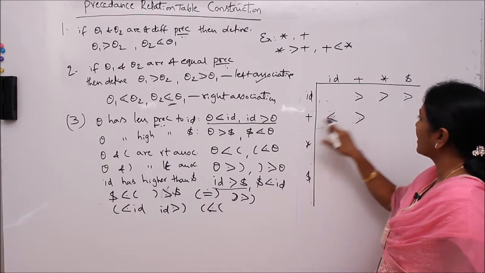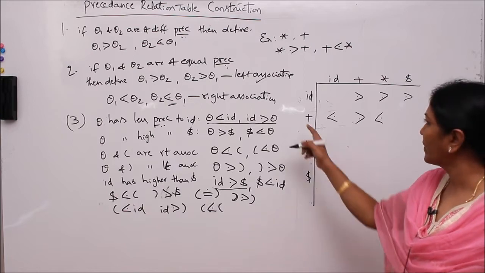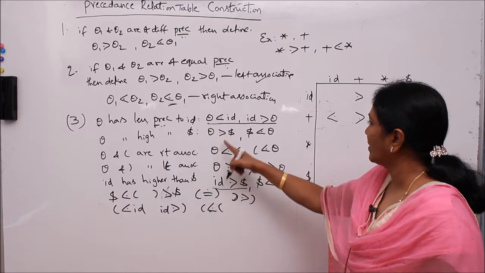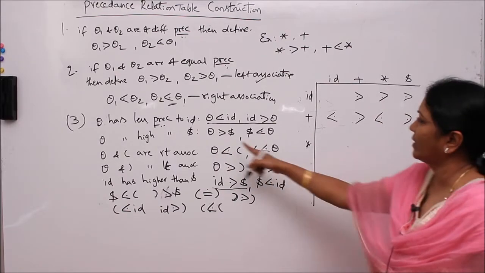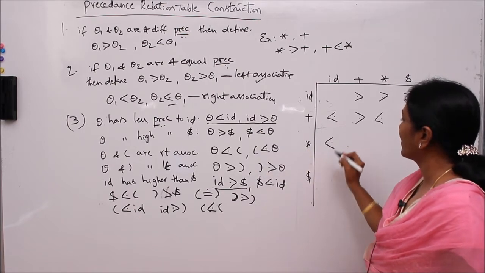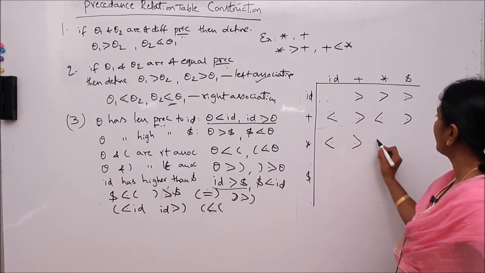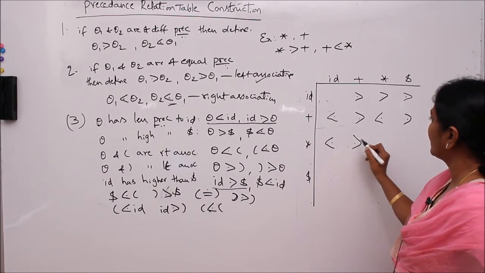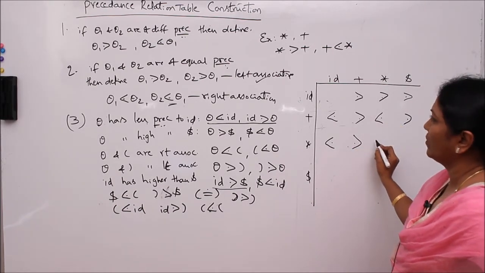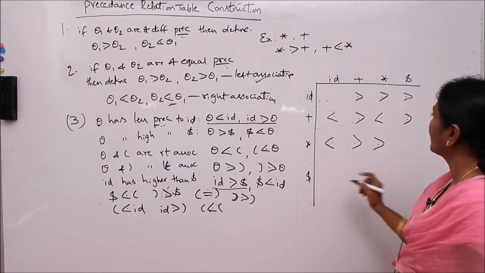Next, plus and star. When star has higher precedence than plus, we say plus has lesser precedence than star. Then theta and dollar. Theta has greater precedence than dollar. Coming to theta and ID, theta and ID is less. And star has higher precedence than plus. When both are of equal precedence and left associative, star is also left associative, hence we should use greater.